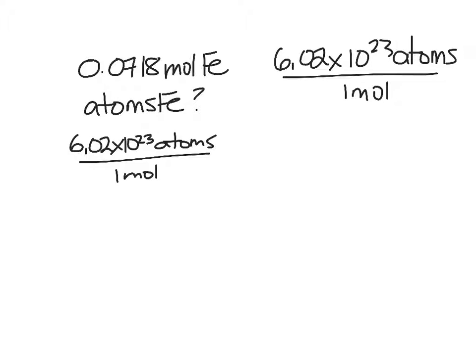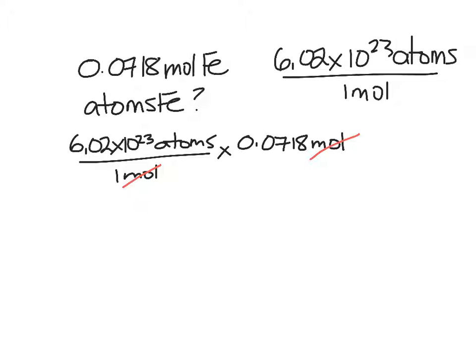So we're going to use Avogadro's ratio first. We want to get rid of moles because we only want atoms. So there must be a quantity that has moles in it. So now moles are going to cancel. We have our quantity that we want, so we're finished.